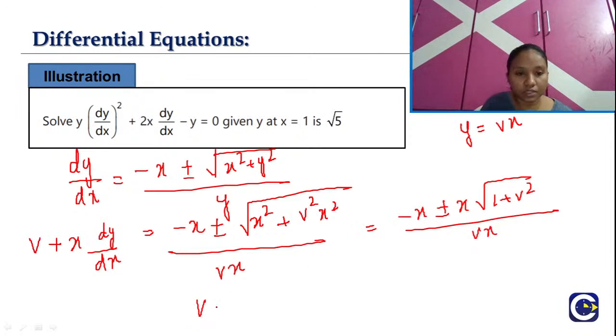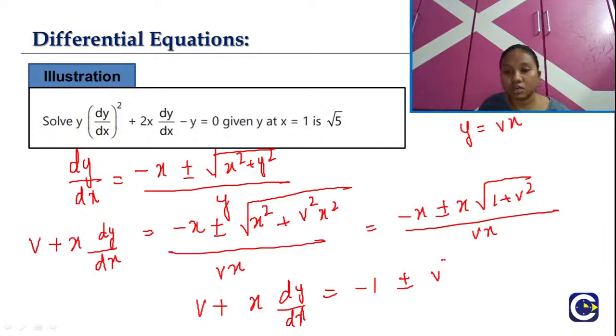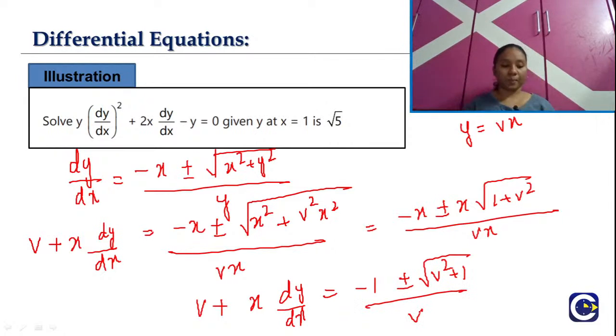So the equation is v plus x into dv by dx equal to minus 1 plus or minus root over 1 plus v square, divided by v, and we have one more v here that can be subtracted.